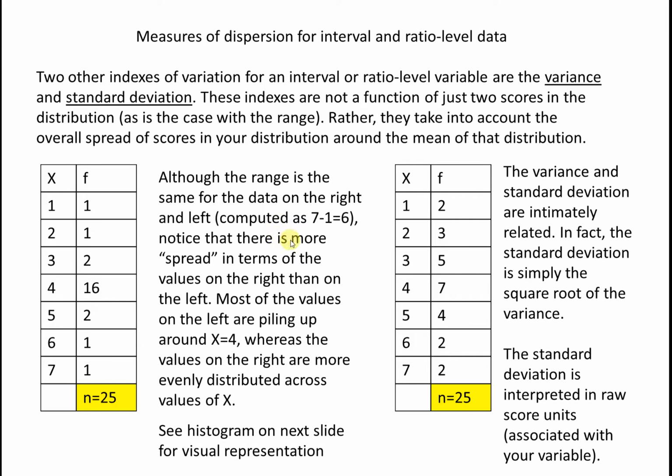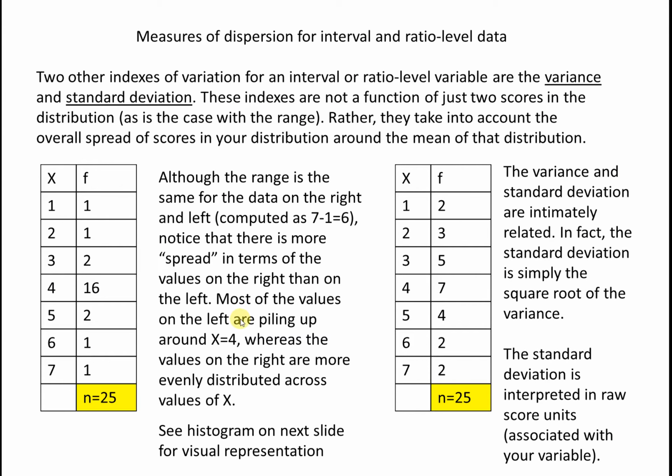So as you can see in this illustration, we have a set of scores on X and their frequencies for two separate distributions. And so you can see that the ranges are exactly the same. It's just 7 minus 1, which gets you 6. 7 minus 1, which gets you 6. But you can see that there's more spread or variation in the scores in this distribution as opposed to this distribution, where you can see that most of the scores are piling up at 4.